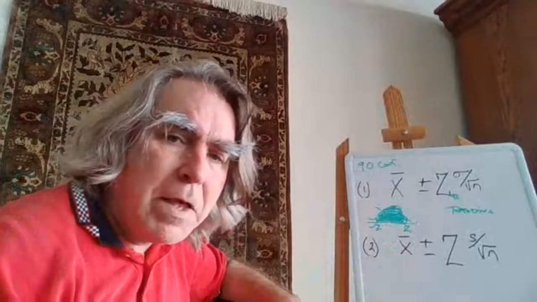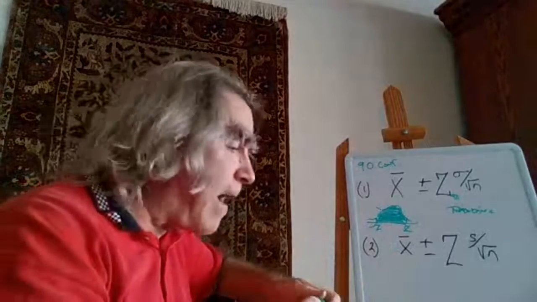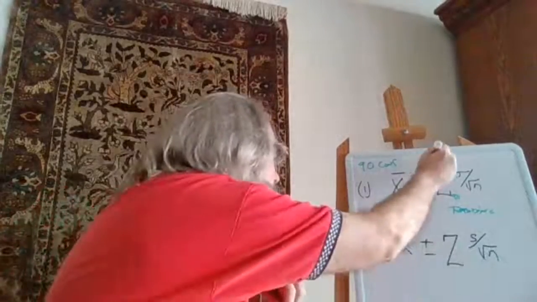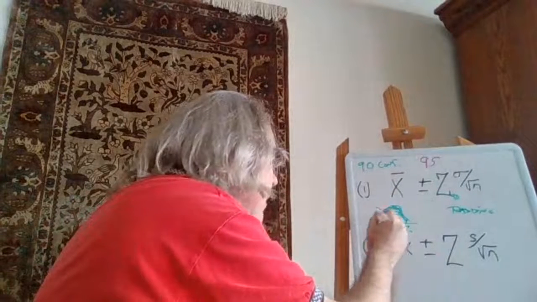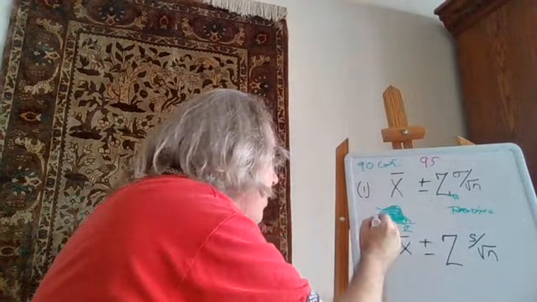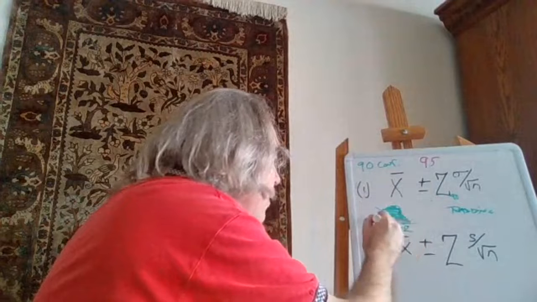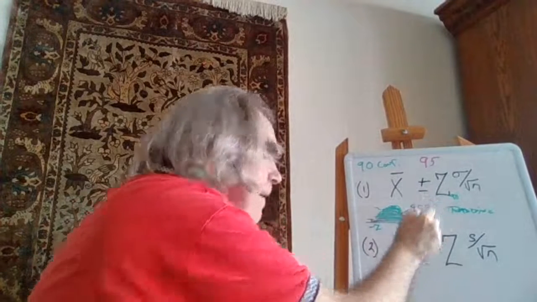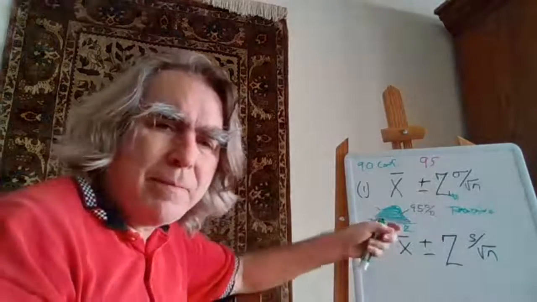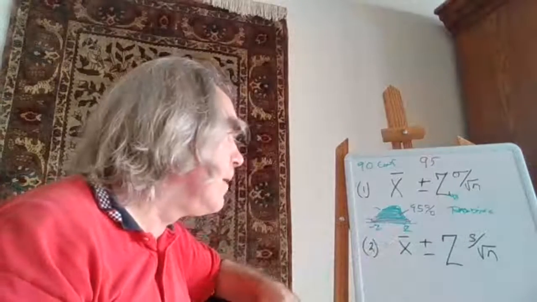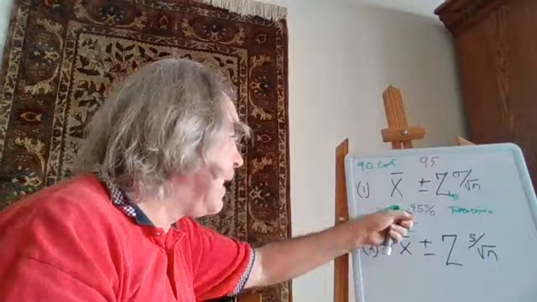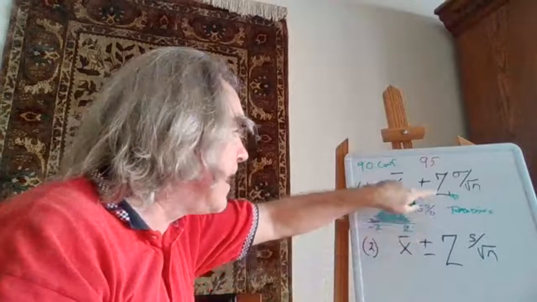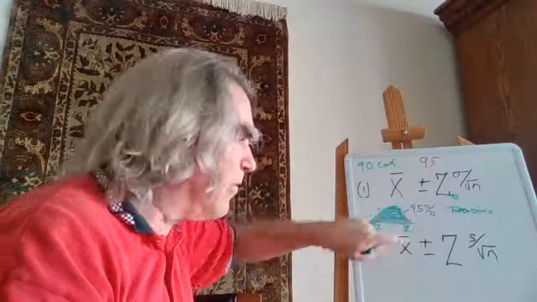If we wanted to do a 95% confidence interval, we would need a little bit more padding on both sides because we would want 95% to be in this shaded area. So in a 95% confidence interval, what we want is the z that corresponds to 95%.